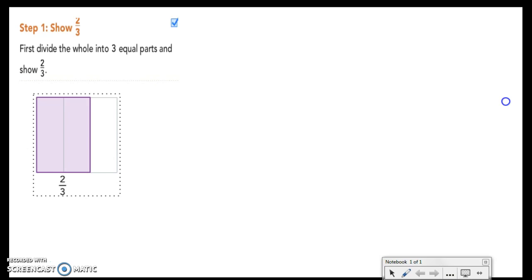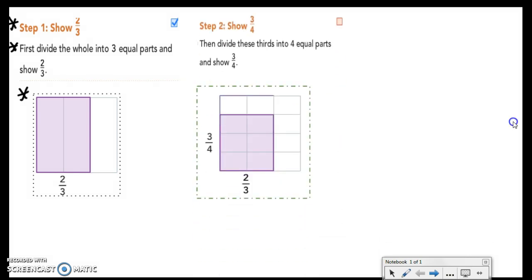So you want to copy down the step, the instructions, and the picture. If you need to stop it so we can make a neat picture and make neat notes, I would definitely recommend doing that. But if you feel like you can keep up, go ahead, let's move on. Step 2, show 3/4.